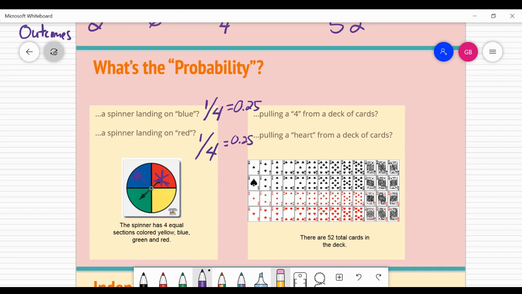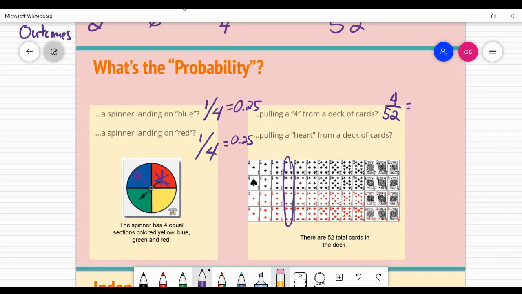If you have problems about cards, what's the probability of pulling a 4 from a deck of cards? Well, there are 4 fours in the entire deck. So 4 out of 52. You do need to simplify these all the way.